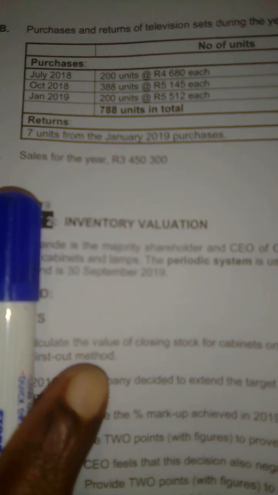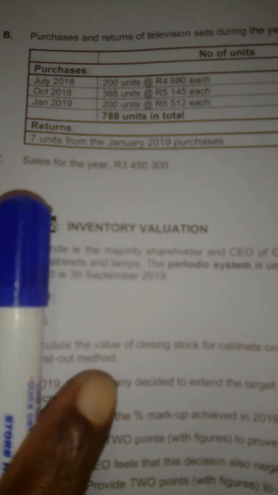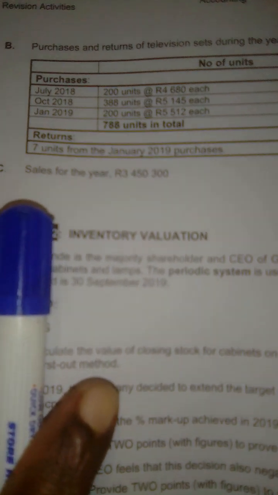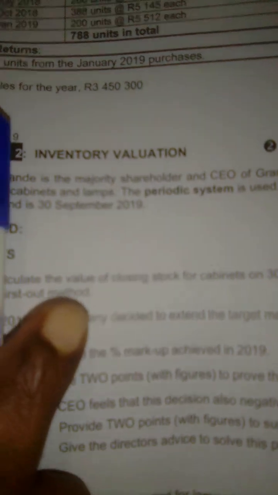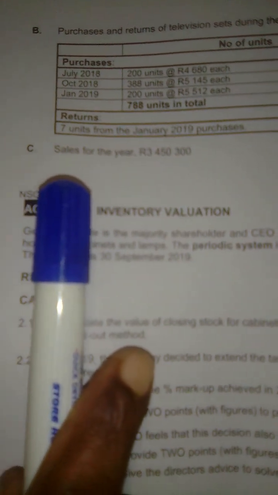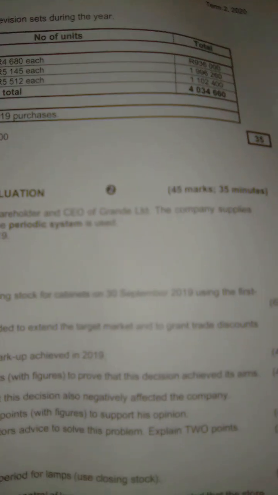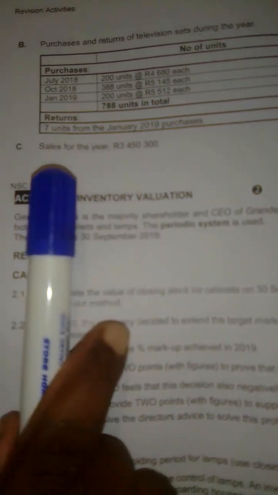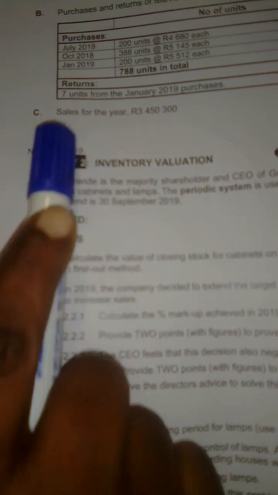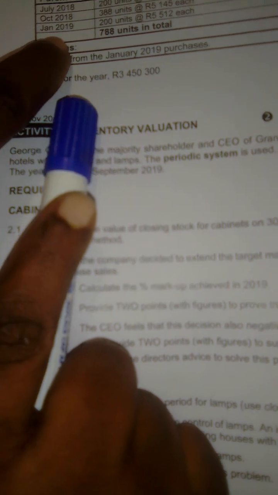Listen carefully. When we are using the FIFO method, it simply means that the stock that was first purchased was the first one to be sold. And the stock that is most likely to remain unsold is the stock that was purchased last. So if we look at the months that are given here, the last purchase took place in January 2019.